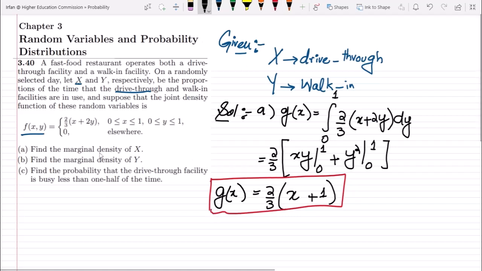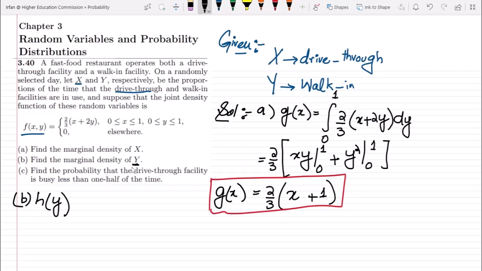Now solving part B of my question, find the marginal density of y. All the things will remain the same, just I have to integrate this function with respect to x, because I have to find it with respect to y. Let me represent the marginal density with h, and the variable I am going to use is y.